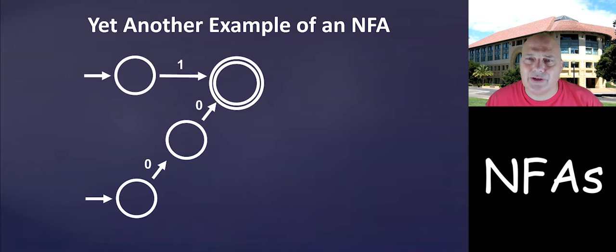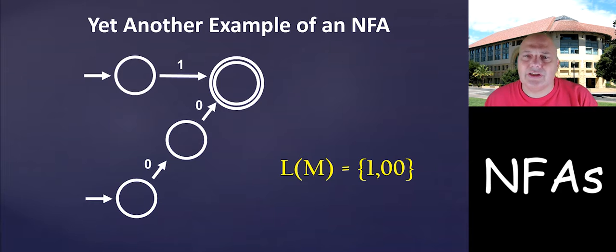So here is another example of an NFA. And what's the language here? The language here contains two strings. The string 1: if you start with this start state and you take a 1, you can accept. And the string 0, 0. You start here and take 0, 0 and accept.